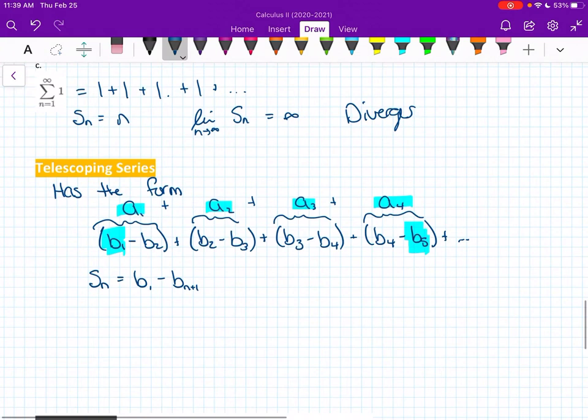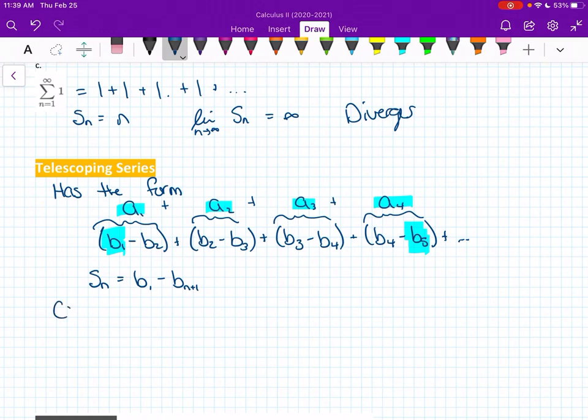All right. So if I want to think about what my sum is going to be of a telescoping series, well, this is going to actually exist and converge if my b sub n's approach a finite number.